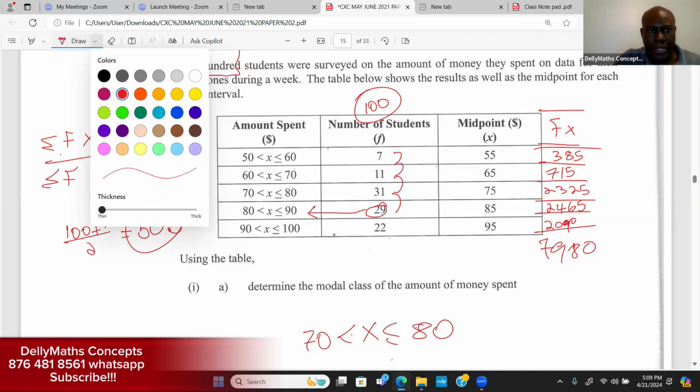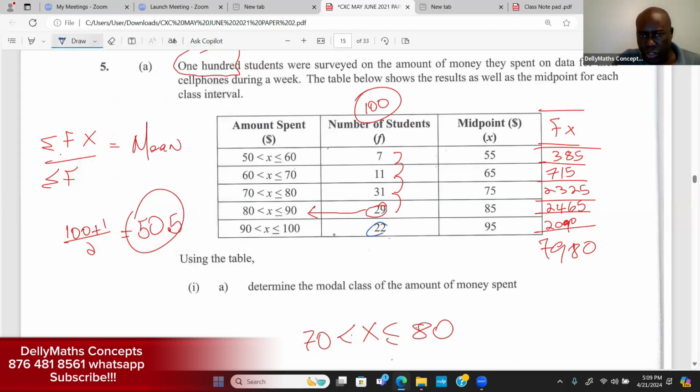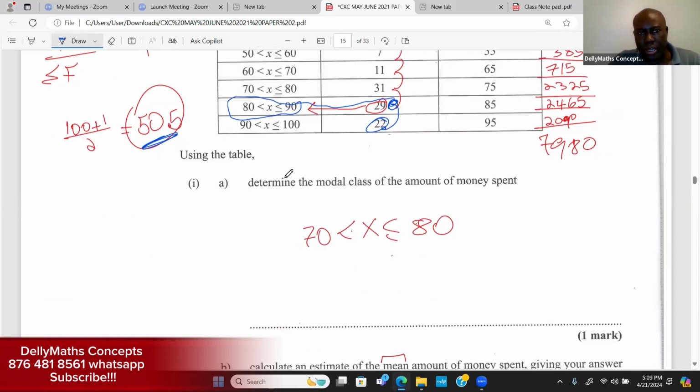May change the color of my pen. So 22, plus 29. I passed it already. 22 plus 29 is 51. 51 would have passed. That means I'm still here. So it is telling us that the median is in that class. Let us take it down here, 80.